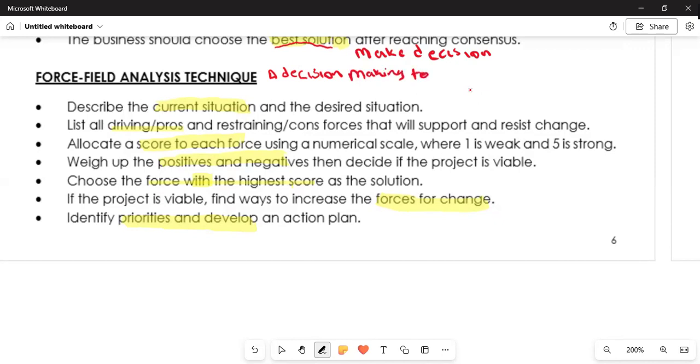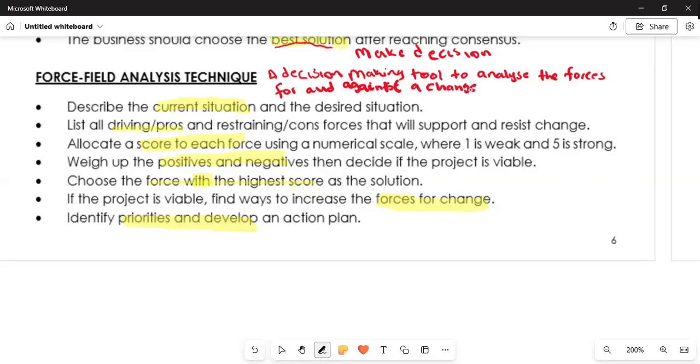This is a decision-making tool to analyze the forces for and against a change.